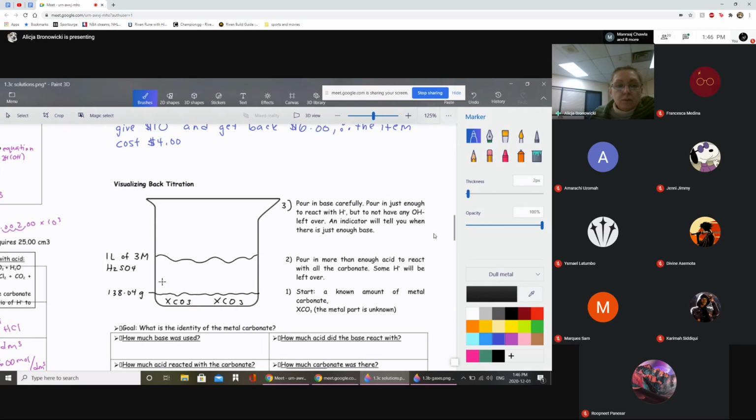Okay, so I've got H2SO4, right? It's aqueous, so it's ions. So I have got hydrogen ions, H plus, and SO4 2 minus.